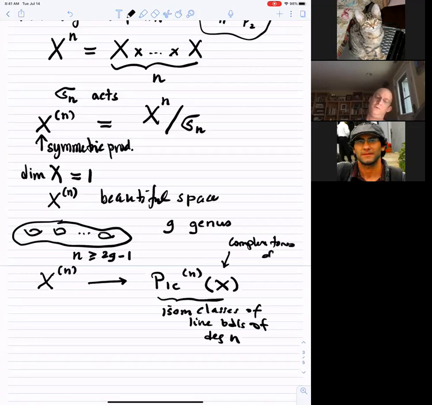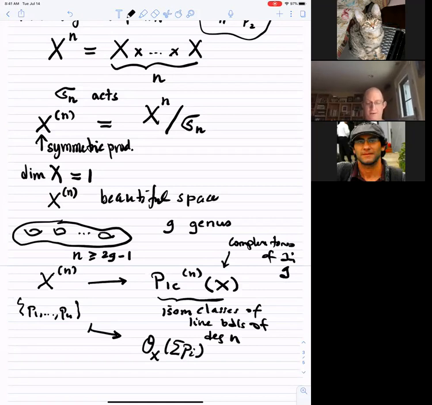There's a very nice map: if you have a set of points p1, ..., pn, possibly with repetitions, you send that to the line bundle that you get by looking at the sum of these pi's.